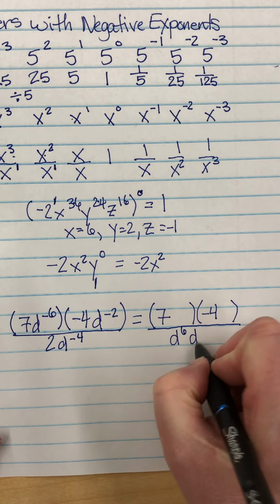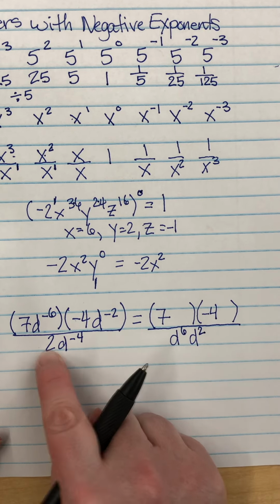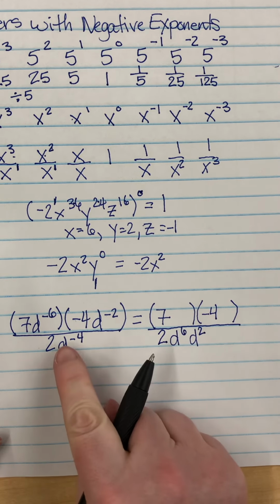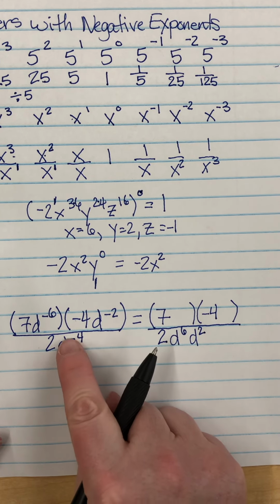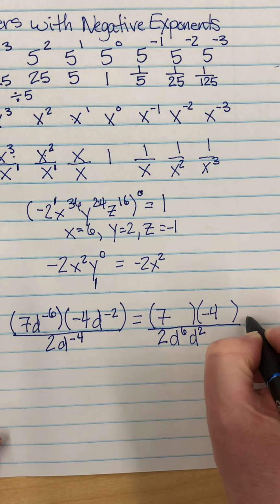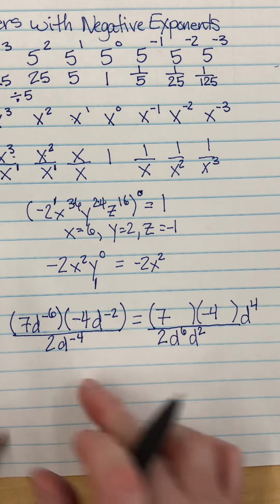Then I look at the bottom part. The 2 does not have an exponent, so it stays as a 2. The d has a negative 4, so it's moving to the other part of the fraction, so it's going to go up to the top.